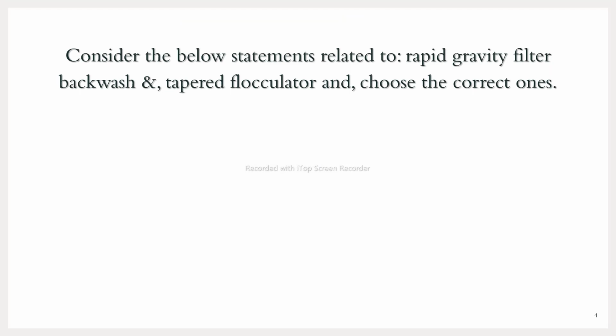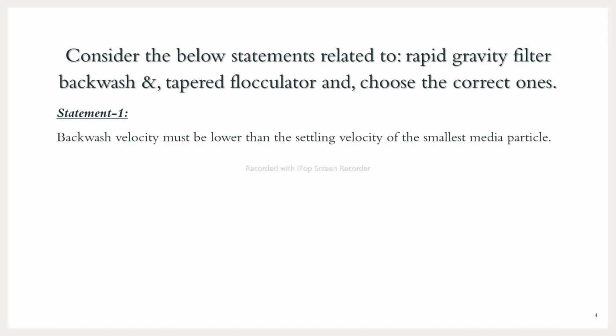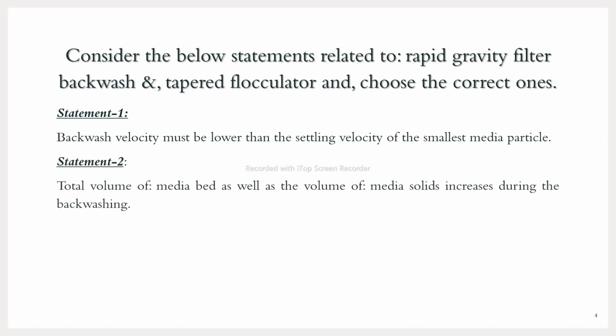Our first question of today is as follows. Consider the below statements which are related to rapid gravity filter backwash and tapered flocculator, and you have to choose the correct ones. Statement 1: backwash velocity must be lower than the settling velocity of the smallest media particle. Statement 2: total volume of the media bed as well as the volume of media solids increases during the backwashing.